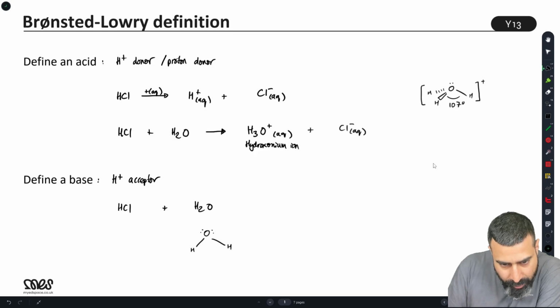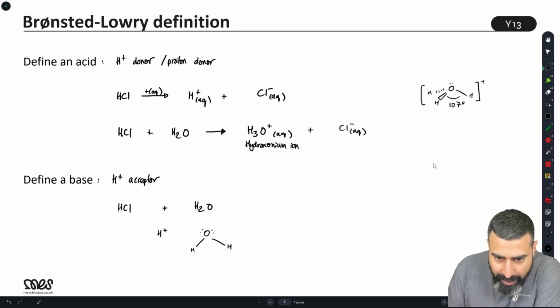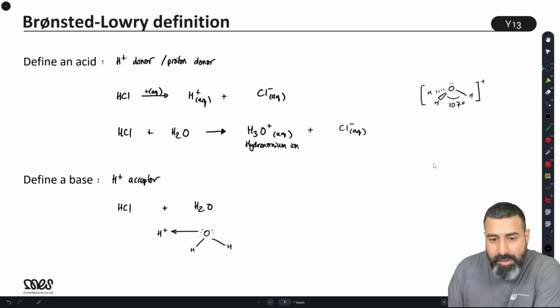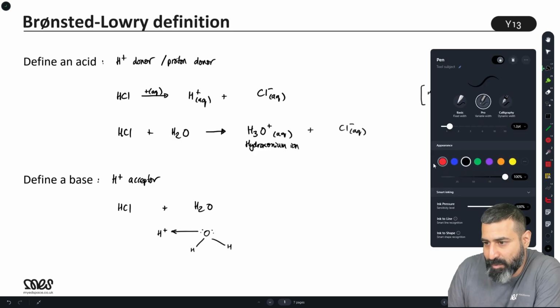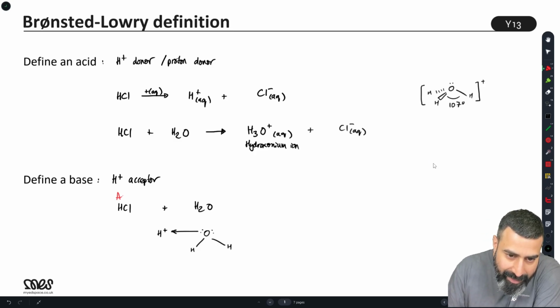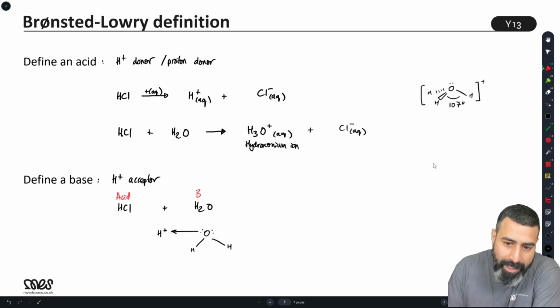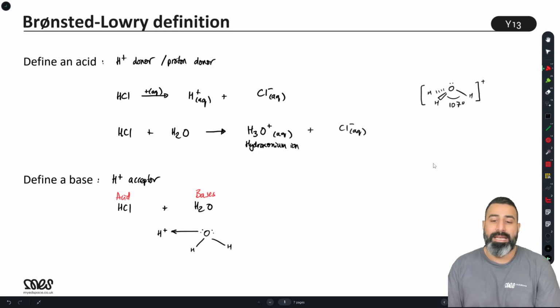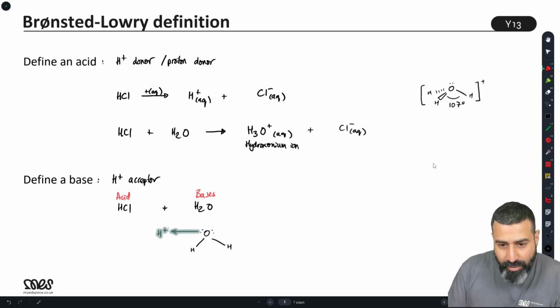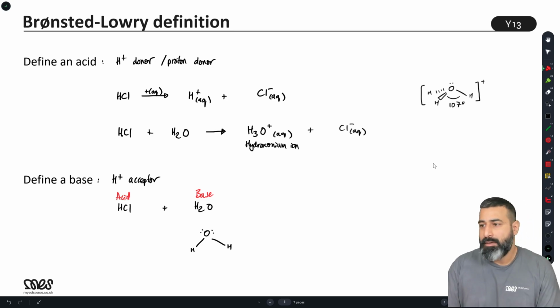So when HCl ionizes, we've got an H+ floating around, and we're going to get a dative bond forming between these guys. So my HCl is behaving like an acid because it gives that H+, while my water in this case is behaving like a base because it accepts H+. So that's my acid, that is my base in this example.